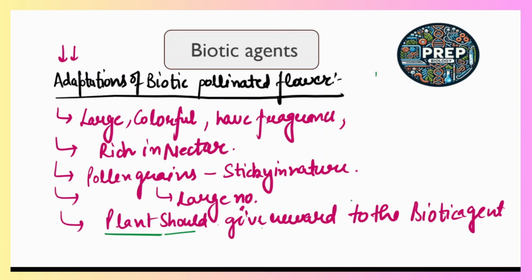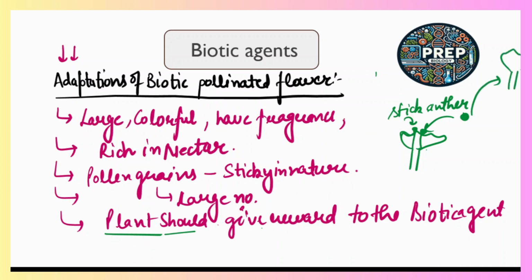So, if this is a flower and this is any insect that visits the flower and sticks on the surface of the anther and carries the pollen grains to another flower, what is the benefit to this insect?